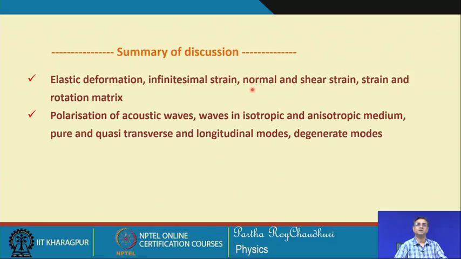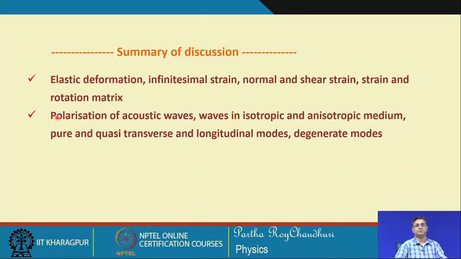Both of these constitute the mechanical strain, whereas these two strains and the rotation matrix put together define the elastic deformation.